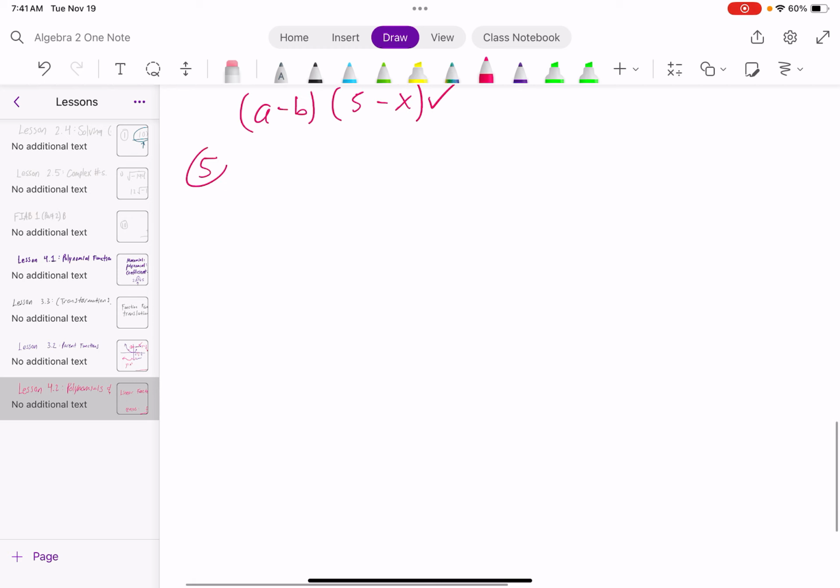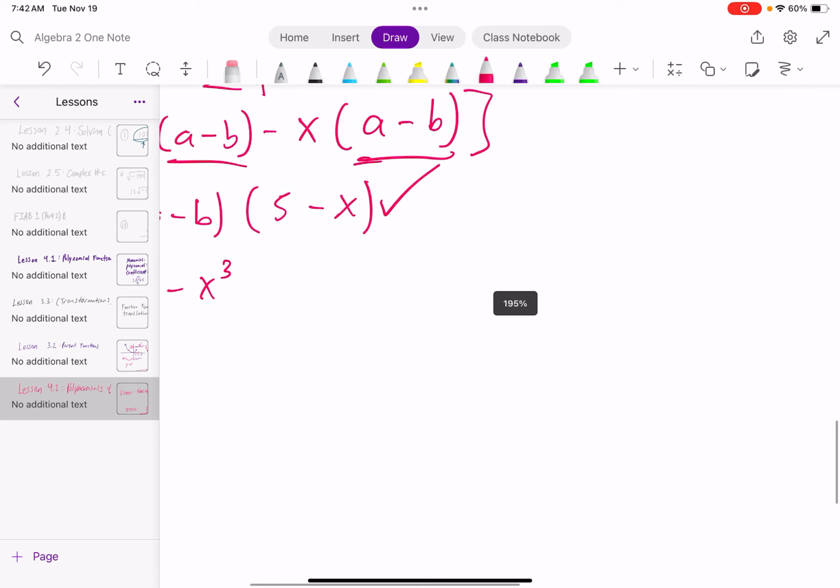Number 5. It says factor 1 minus x cubed. Let's factor it. Okay, for this one, you got to know a rule.